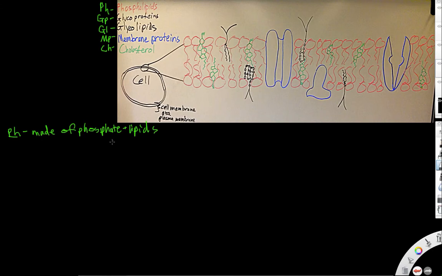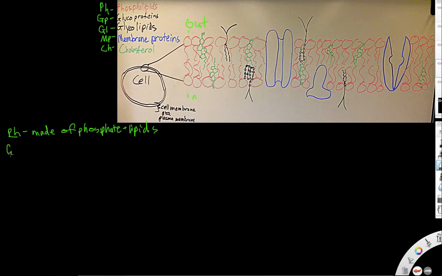And they have a charged or polar region here that points inside the cell and outside the cell. And they are the main constituent of this phospholipid bilayer. Oftentimes, the cell membrane is referred to as a phospholipid bilayer.